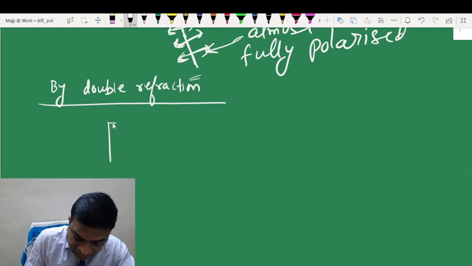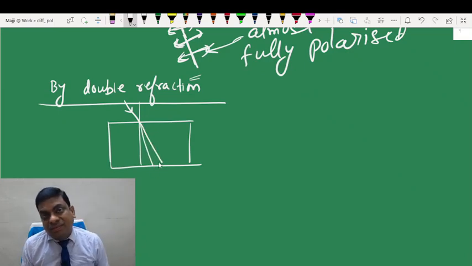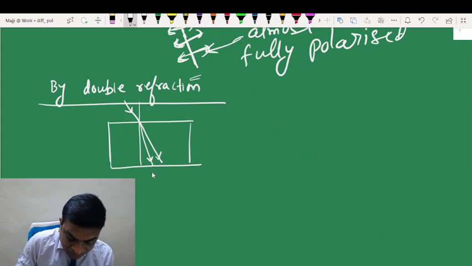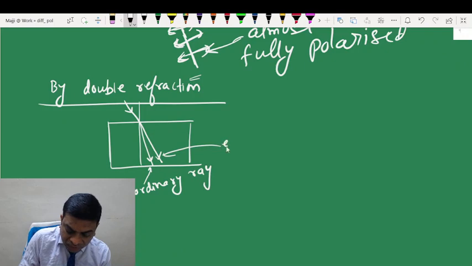A single light ray gets split up into two refracted rays. One is known as the ordinary ray, which in short can be called the O ray, and the other is known as the extraordinary ray, which can be called the E ray.